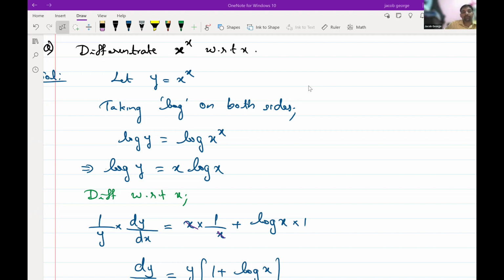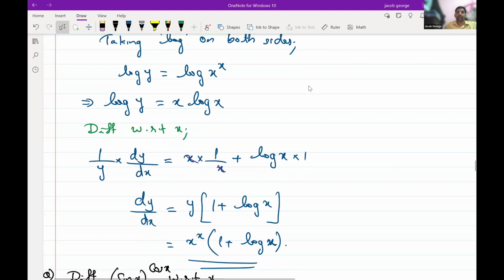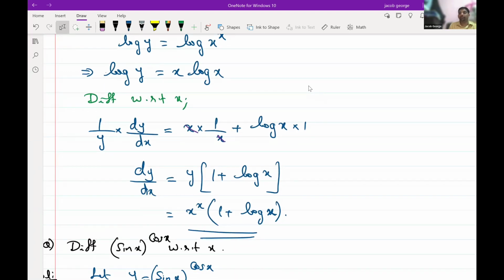So that is x log x. Then differentiate with respect to x. Left hand side is 1 by y into dy by dx equal to, right hand side is product form, x into derivative of log x, which is 1 by x, plus log x into 1. So that is 1 plus log x.